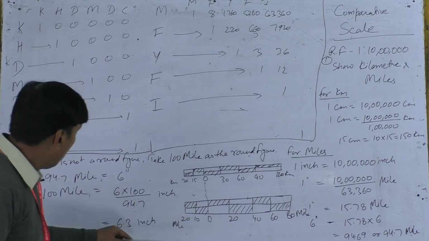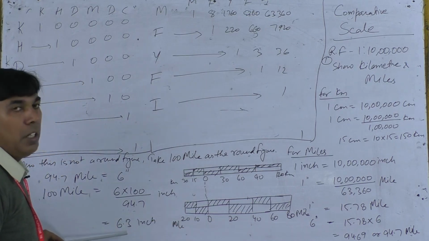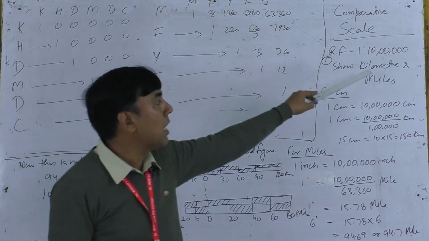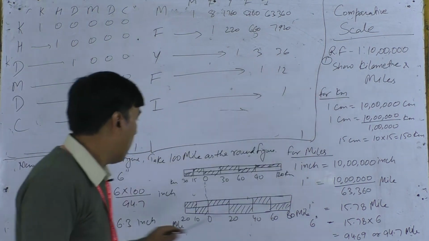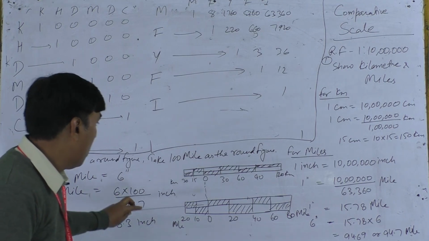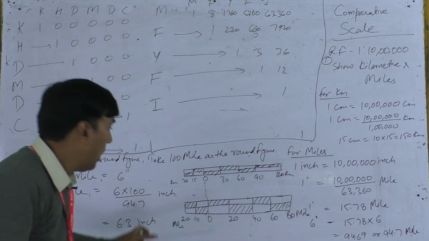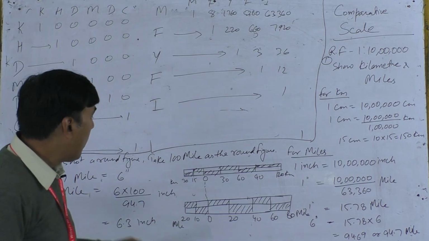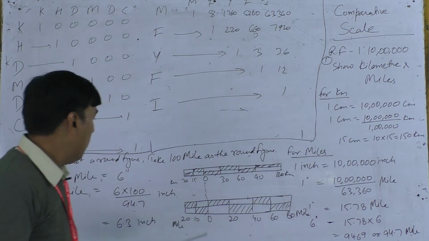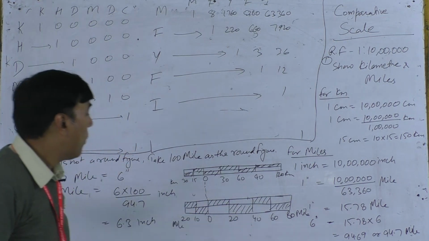What is the distance of this line? 6.3 inches, because the question is asking for miles also. So the second line drawn is 6.3 inches. This one is 6.3 inches and divided into how many parts? 1, 2, 3, 4 and 5 parts.